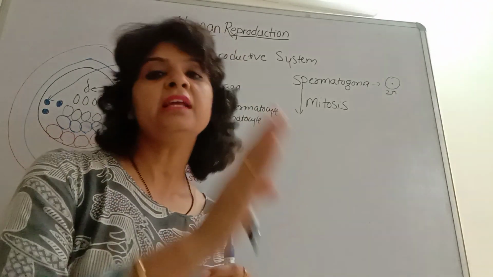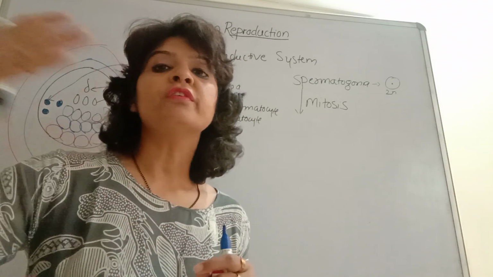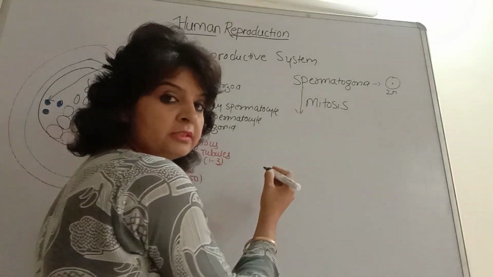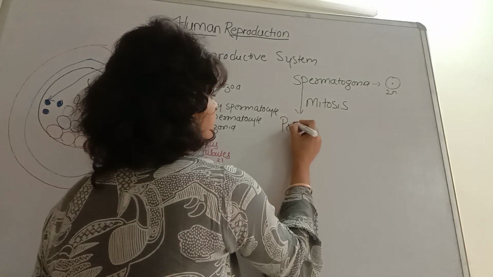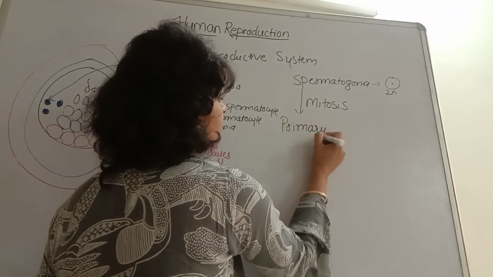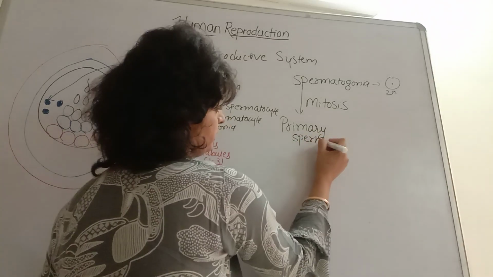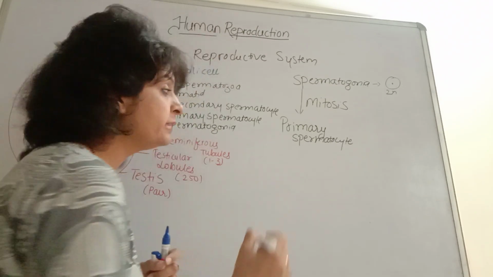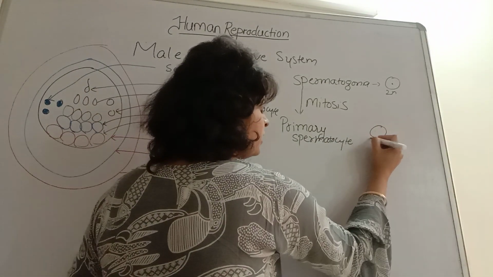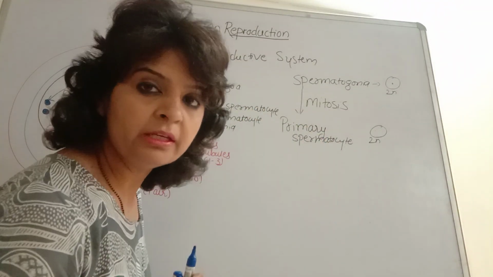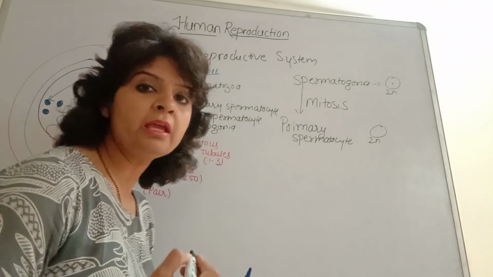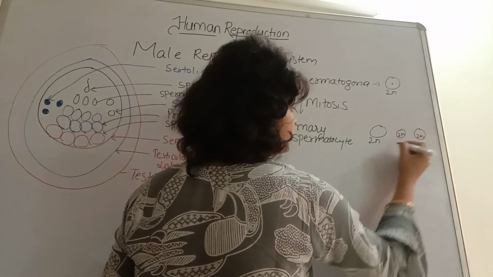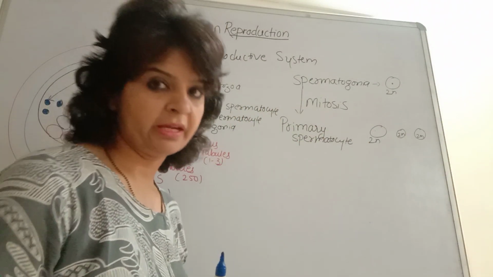If I have one cell, it will change into two, the two further into four, and so on. So by mitosis, the spermatogonia form the primary spermatocyte. This primary spermatocyte is interestingly diploid in number, since it has been formed by the mitosis process. So we get various diploid cells, which are your primary spermatocytes.